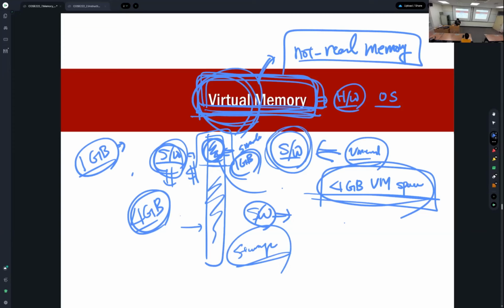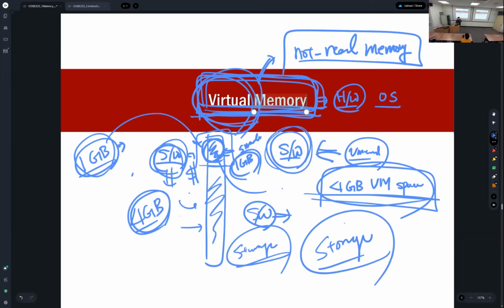But in reality, the frequently accessed data is only stored in this smaller physical memory space, and other data is stored in the storage. Okay. This is the concept of virtual memory.